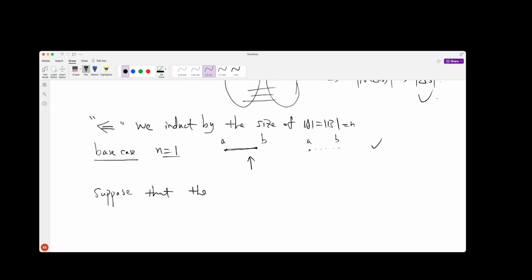So the statement Hall's criterion implies perfect matching is true for any smaller graph. Say any bipartite graph with size smaller than n.